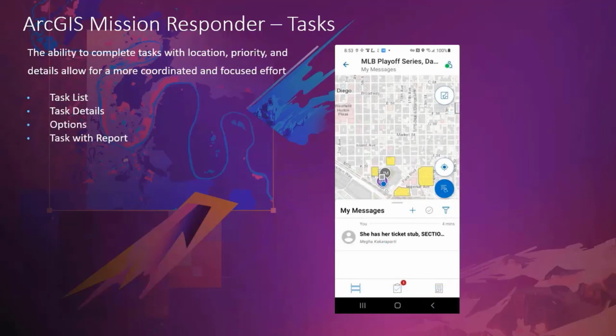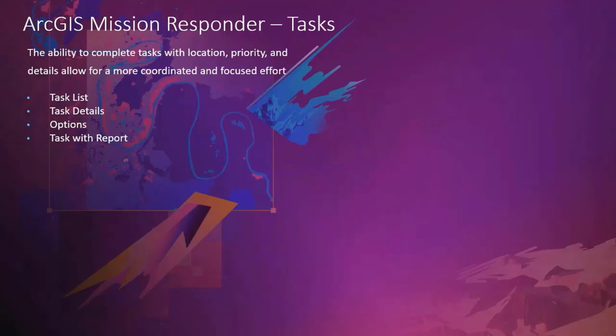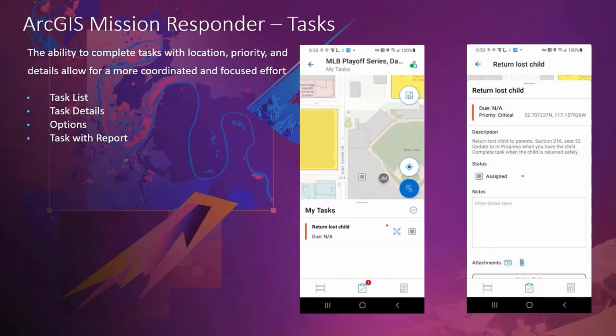Tasks are vital when it comes to coordinating efforts between different people during a mission. From a responder standpoint, a task gives the user a location, details, and how important each task is for the success of the mission. Tasks are displayed in the task list and task detail screens and are only visible to the responder they are assigned to.